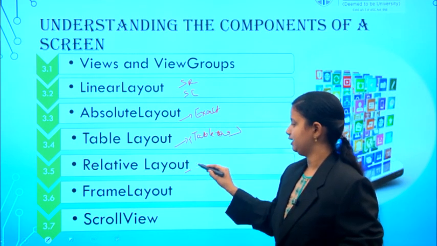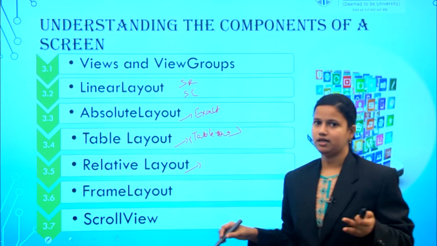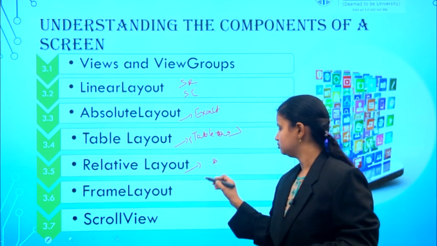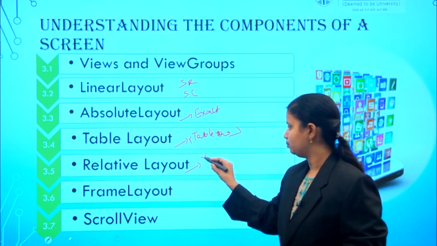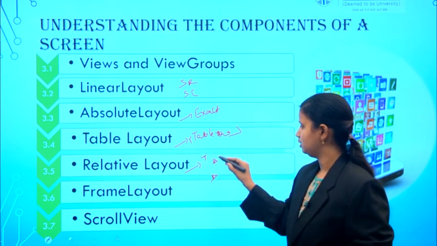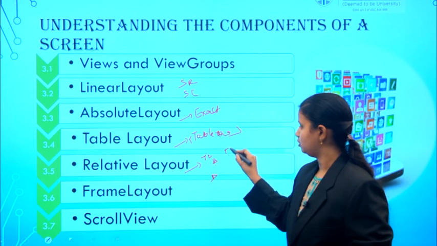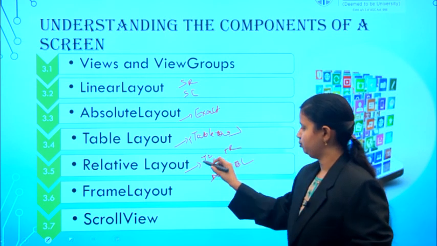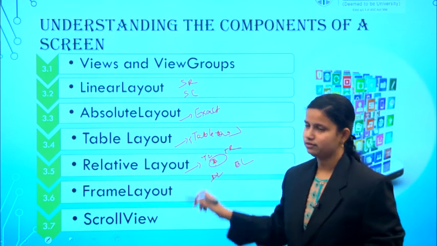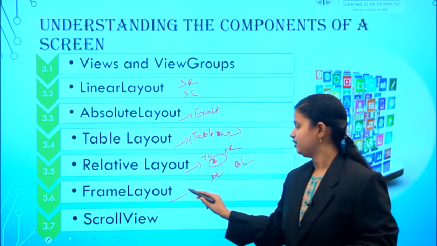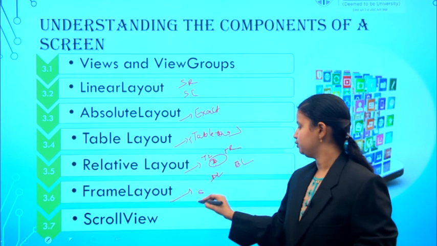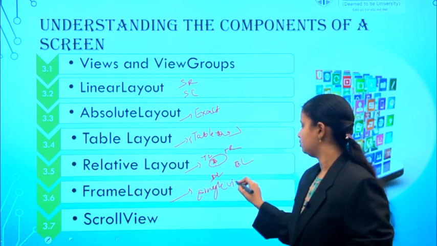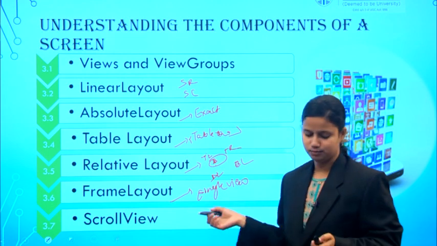Relative layout is based on relative position: the child views are arranged relative to a button's top, bottom, top left, top right, bottom left or bottom right. And frame layout is a placeholder to arrange all your views in the format of a single view.